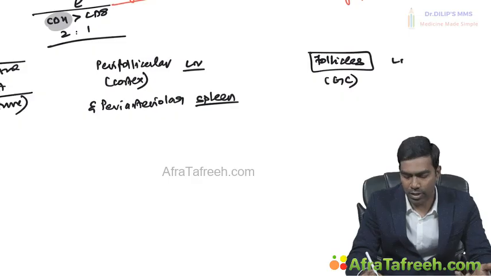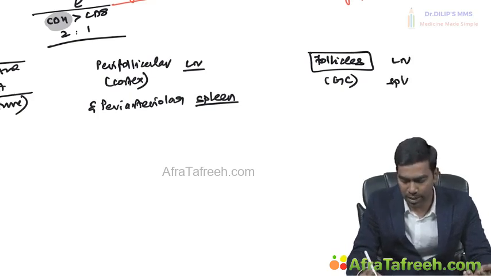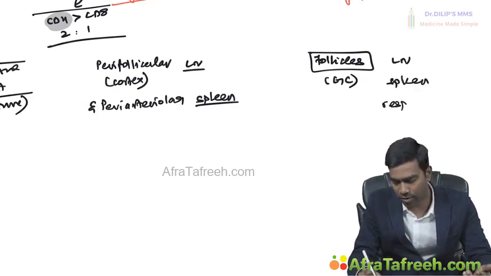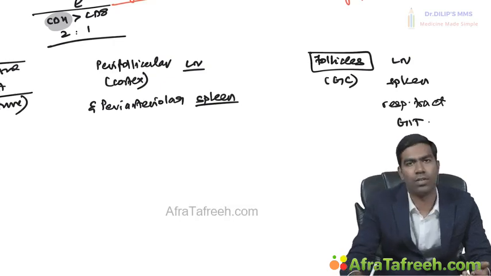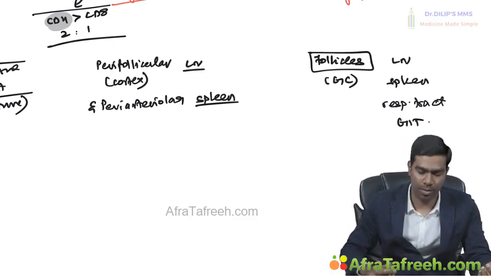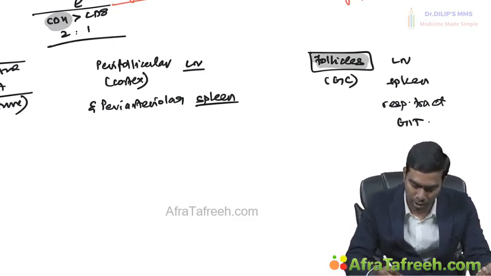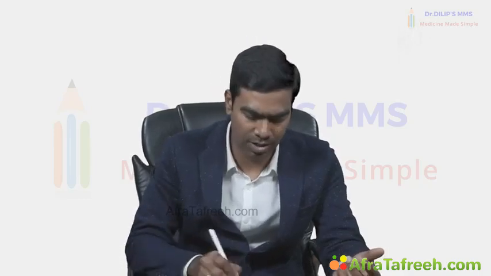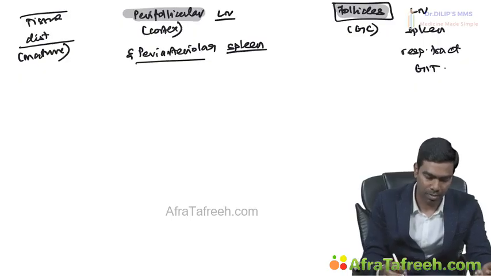Not only in the follicles of the lymph nodes, these B cells can also be seen in the follicles of the spleen, the respiratory tract, and the GIT as well. But remember the very important point: follicles and perifollicles. The periarterial region of the spleen is where you see the T cells, and the follicles or germinal center is the place where you see the B cells in maximum numbers.